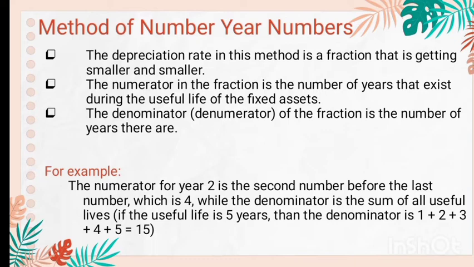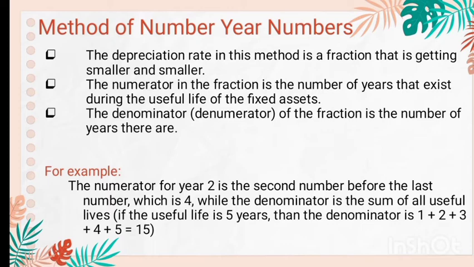Sum of the years digit method. This is a typo, sorry guys. Number 1, the depreciation rate in this method is a function that is getting smaller and smaller. Number 2, the numerator in the fraction is the number of years that exist during the useful life of the fixed asset.